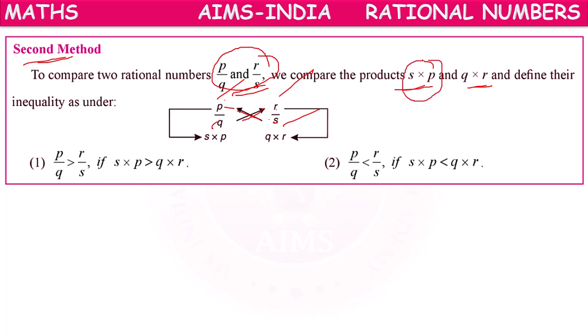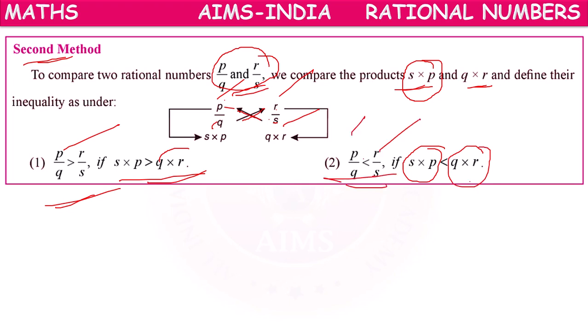If the first product is greater than the second product, then the first rational number is greater than the second. If the first product is less than the second one, the first rational number is less than the second one. Like that we can compare.